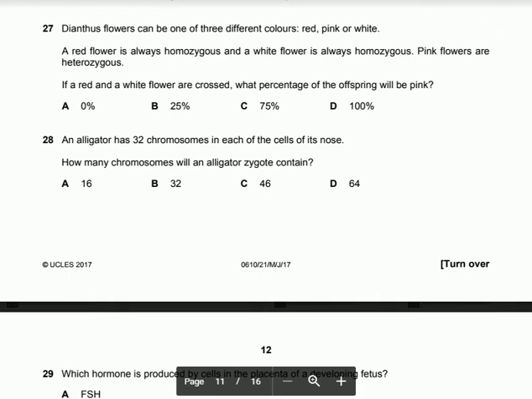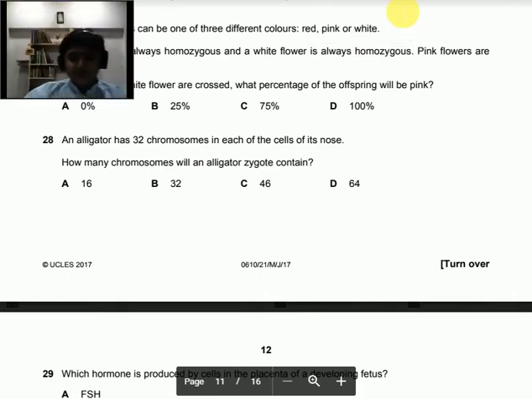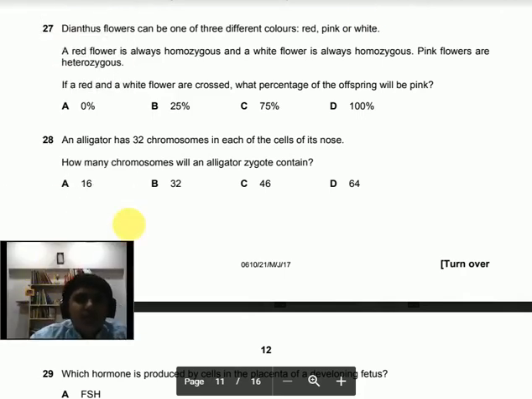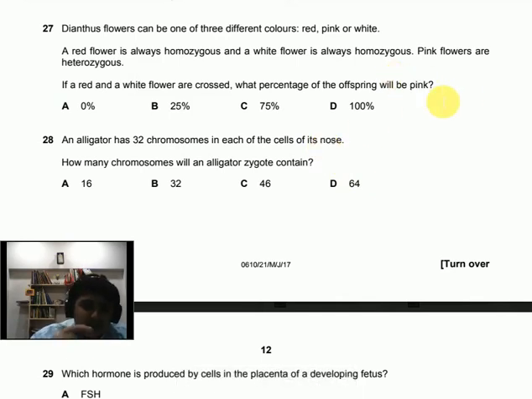Let me just turn on the webcam. I'm just going to draw it on the spot right now. A Punnett square. I have this right now with me. Now, let's take the homozygous red flower as PR. They'll give you this in the question paper.